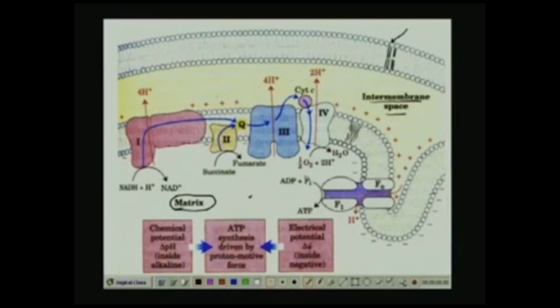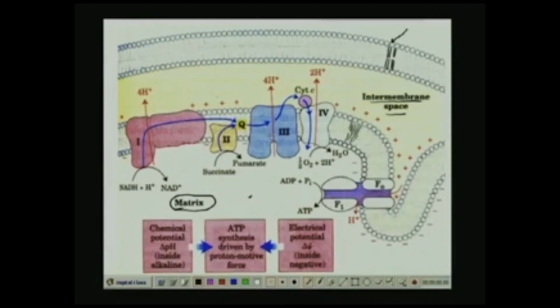Okay. Now, we are going to look at this system in a bit more detail. What we have here are certain complexes. Okay. Now, each of these complexes you can see is kind of an integral membrane protein.